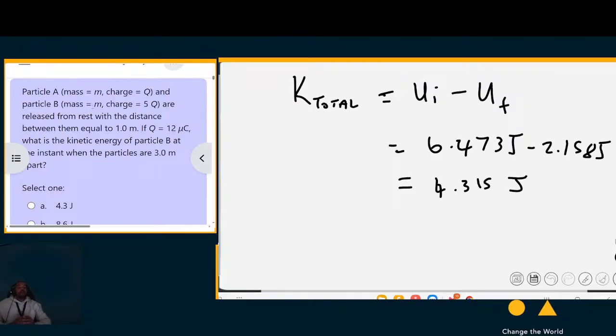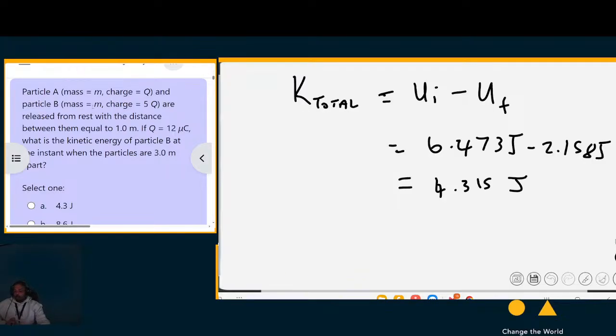So we have the kinetic energy: the initial potential energy when the charges were 1 meter apart, and the final potential energy when they are 3 meters apart. We calculated those, and we know that none of the energy is being lost, so all of that energy must be converted to kinetic energy.